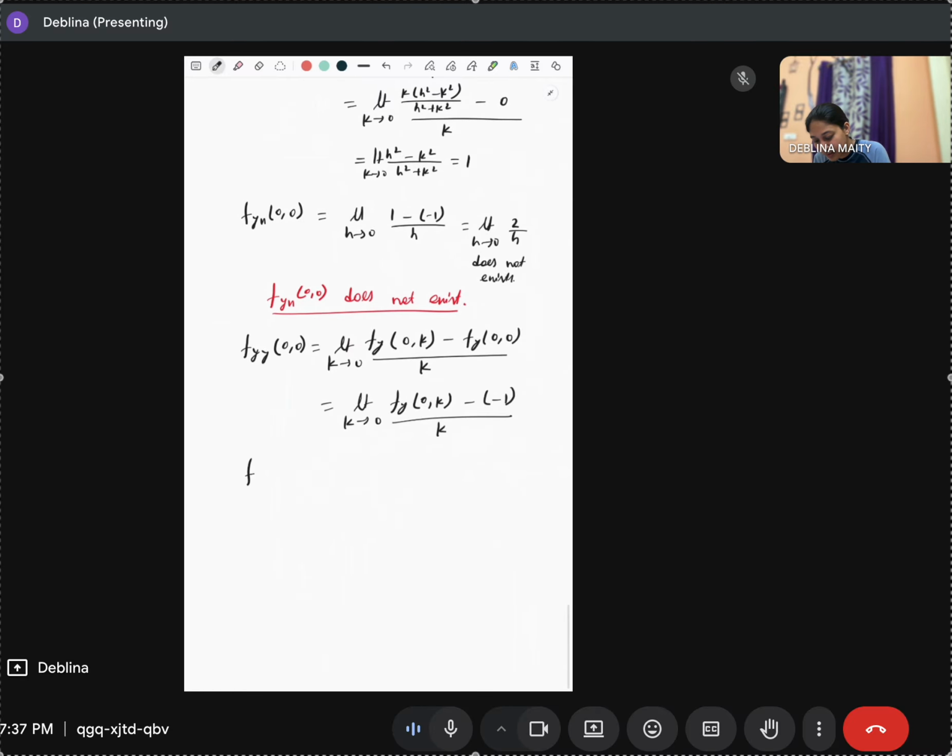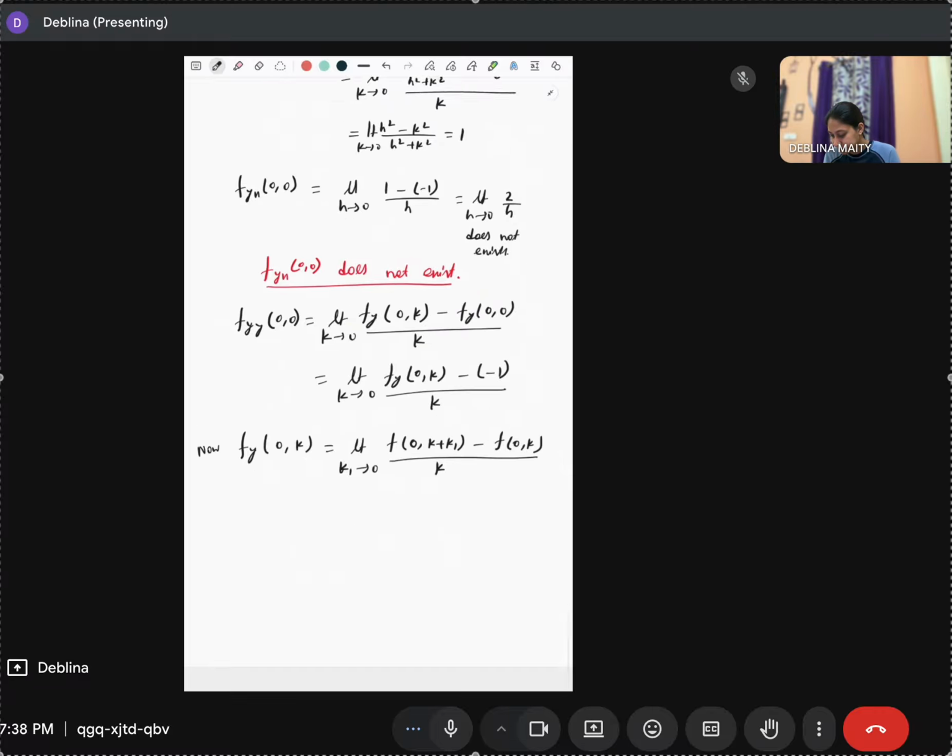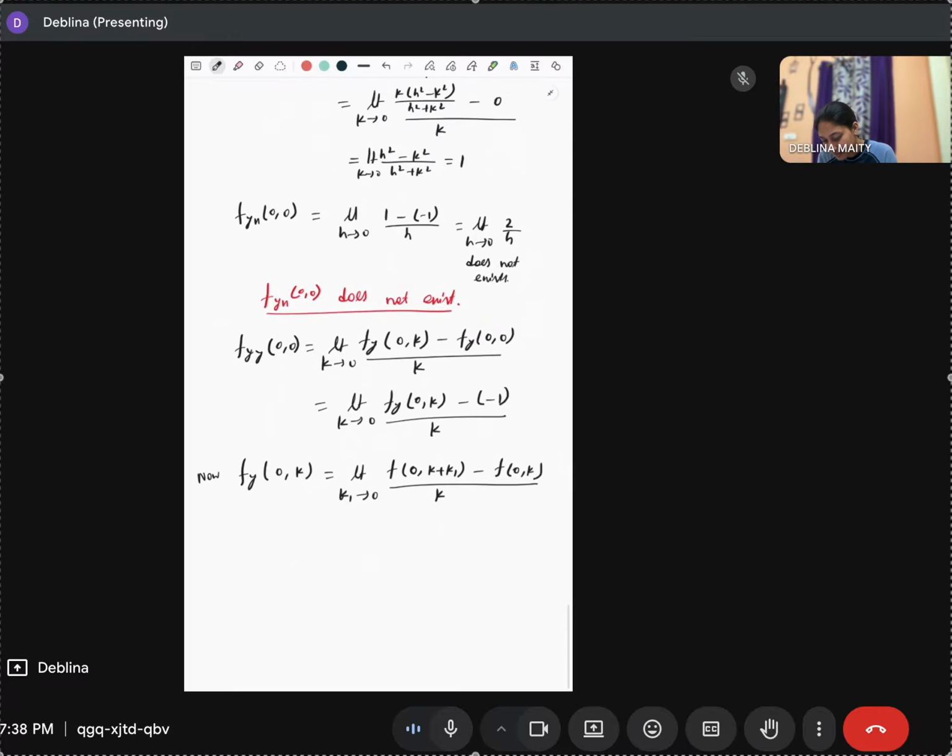So you have to find now f_y(0,k), which is limit k1 goes to 0 of f(0,k plus k1) minus f(0,k) by k1, right?